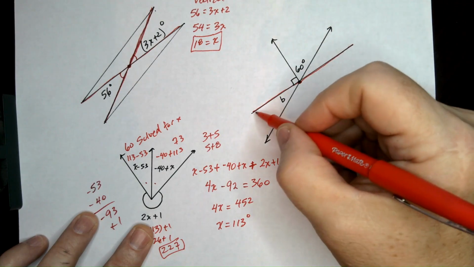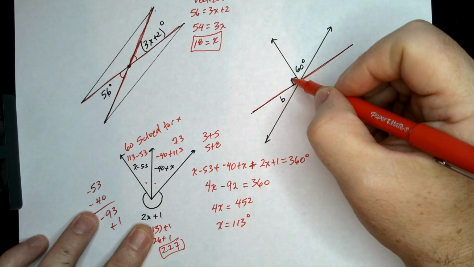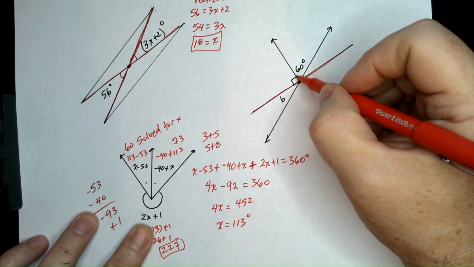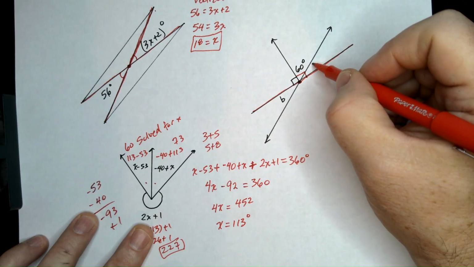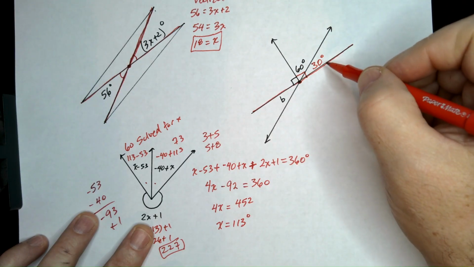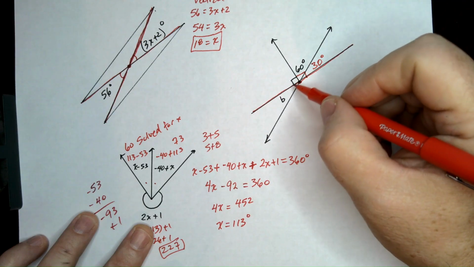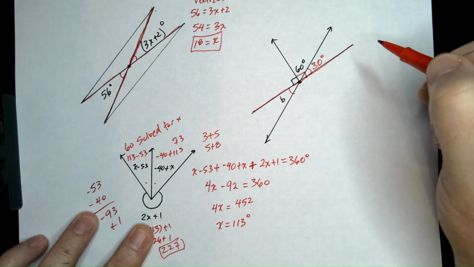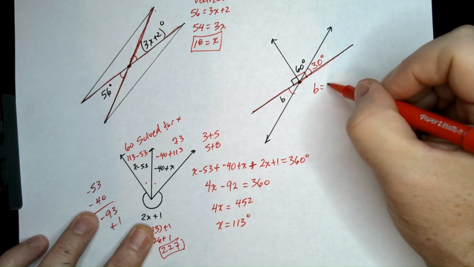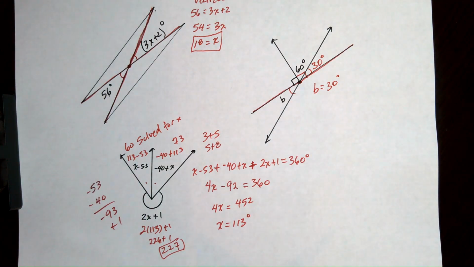However, this is a line right here. This side's 90. So that means these two right here, these have to be 90 also, which makes that 30. And this angle and this angle right here, they're vertical, so they're going to be equal. There you go, equals 30.